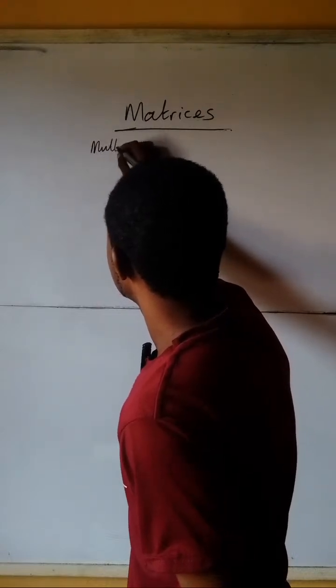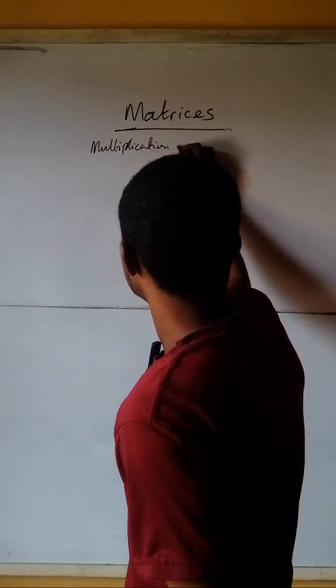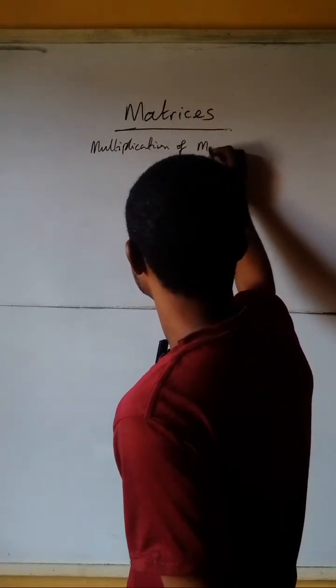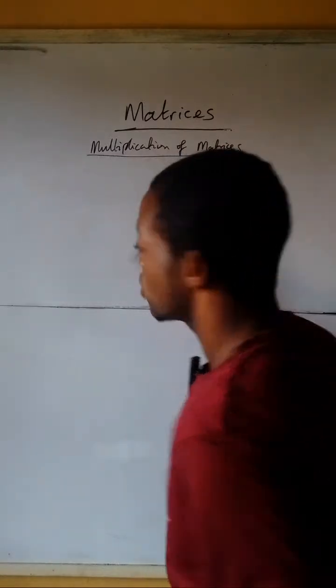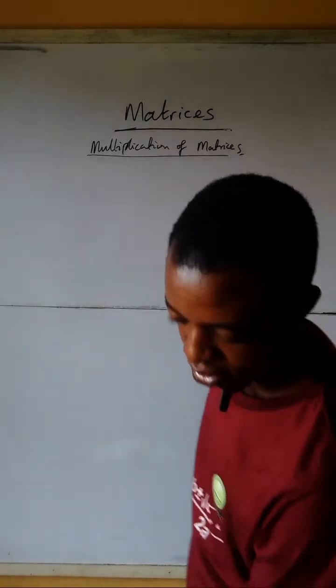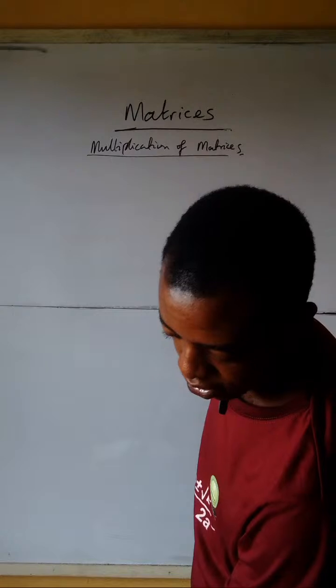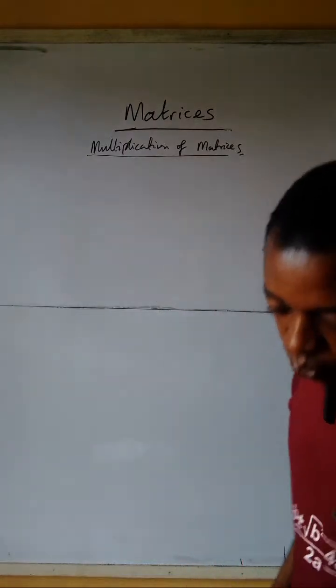So we have multiplication of matrices. So this is different from scalar multiplication. Now, when we are multiplying two matrices, then we should establish something first.